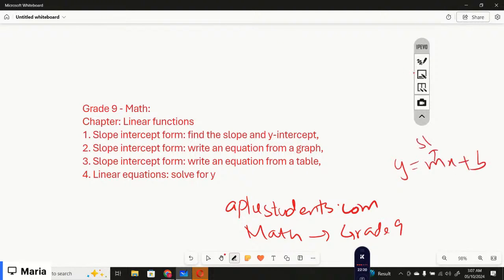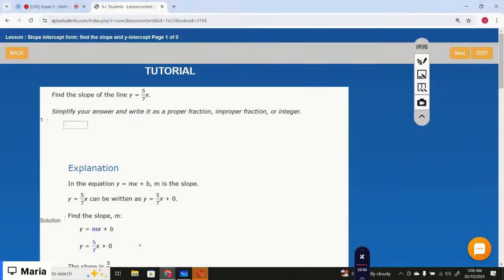M is the slope, b is the y-intercept. The y-intercept is the point where the graph touches the y axis, right? So the slope-intercept form is y equals mx plus b, where m is the slope and b is the y-intercept.